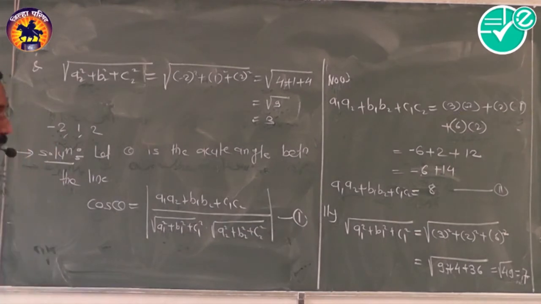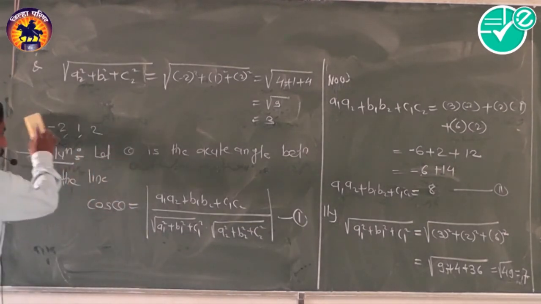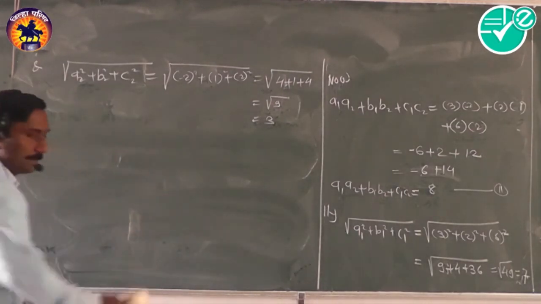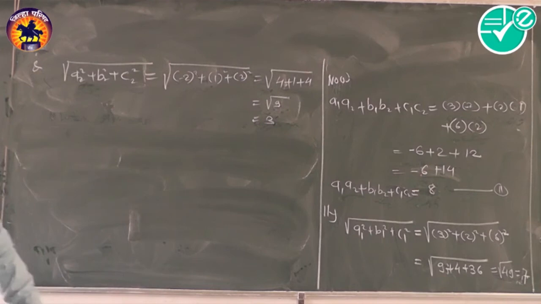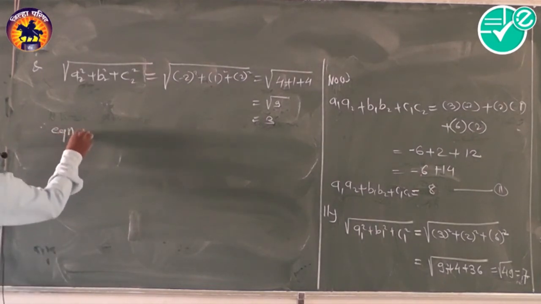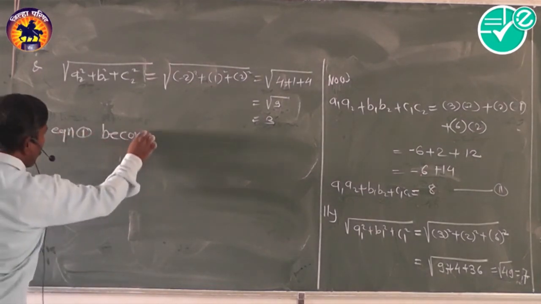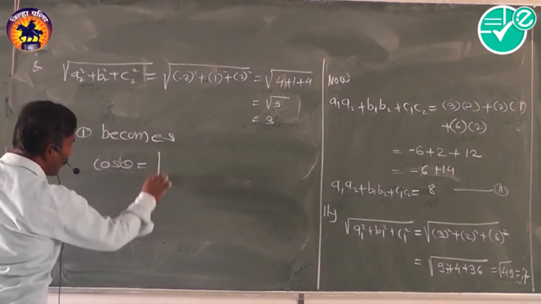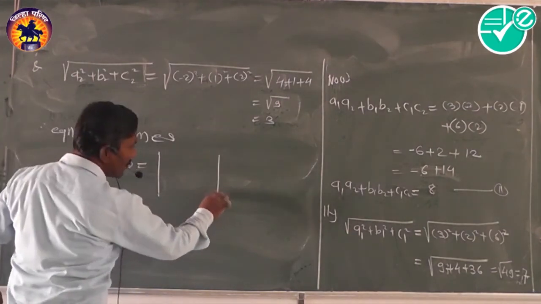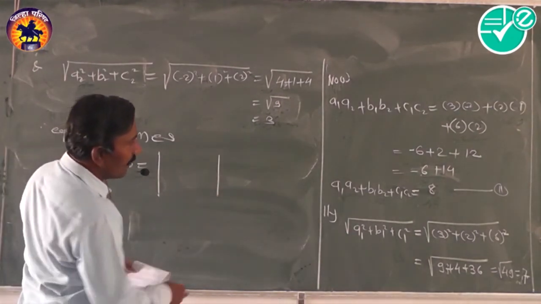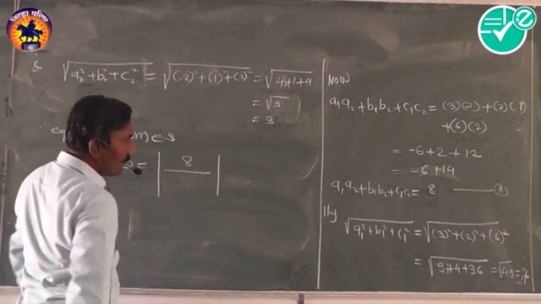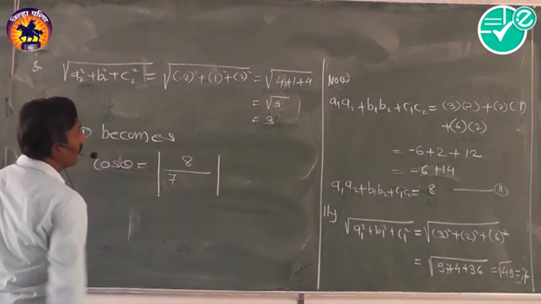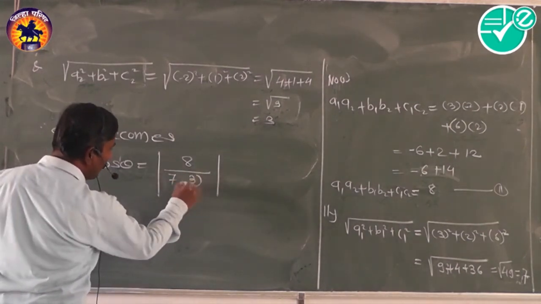Therefore we put all the values in equation number 1. Now equation 1 becomes cos theta is equal to mod, the numerator is 8, the first denominator value is 7, and the next value is 3.